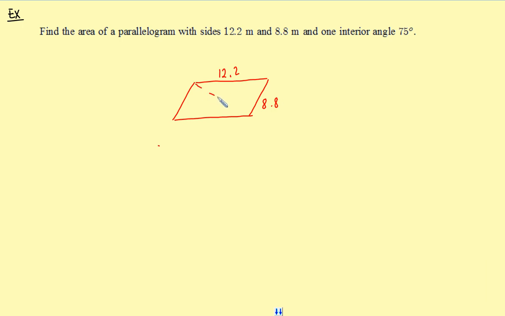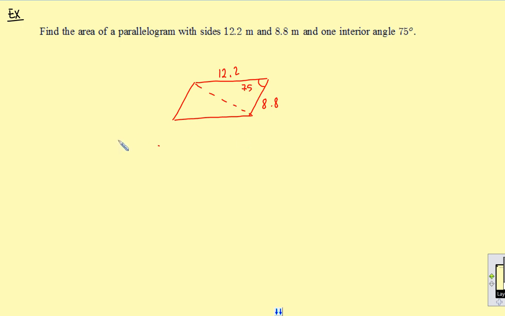Now, if I'm looking at finding the area of the parallelogram, the parallelogram can be divided up into 2 triangles. So if I can find the area of one triangle, then I'll just have to multiply it by 2 in order to get the full parallelogram area. And we know that the angle in here is 75.